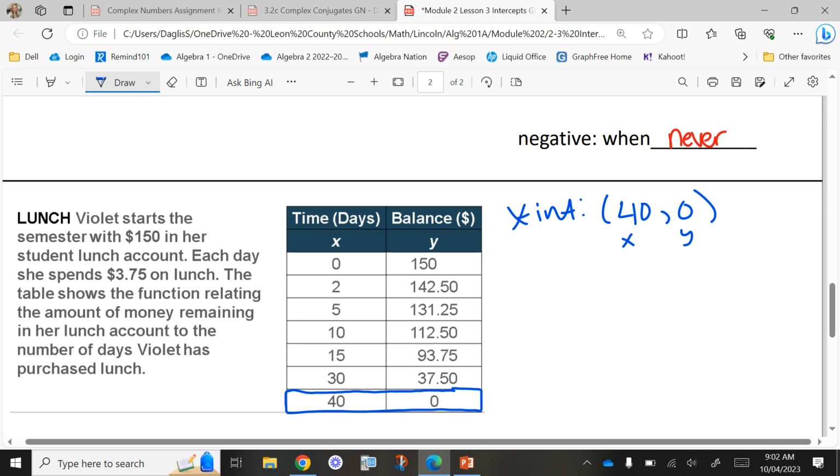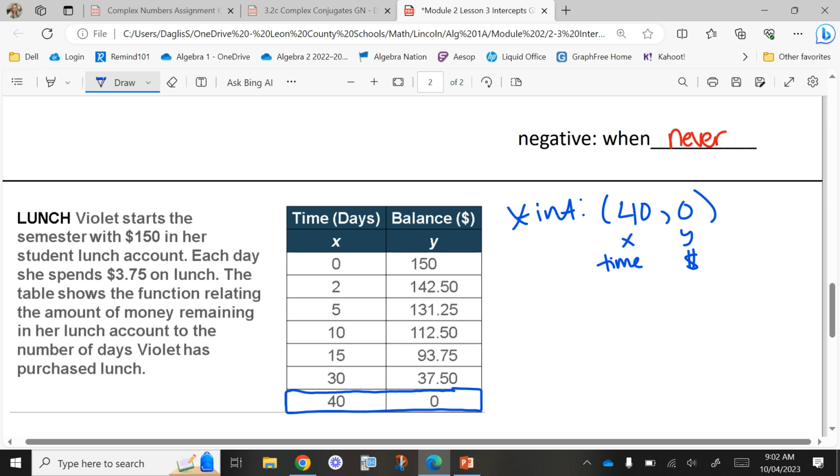So what does that mean? Remember, x is time, y was money. So what does this x-intercept show about her money? How many days does this represent? 40 days, how much money? 0.